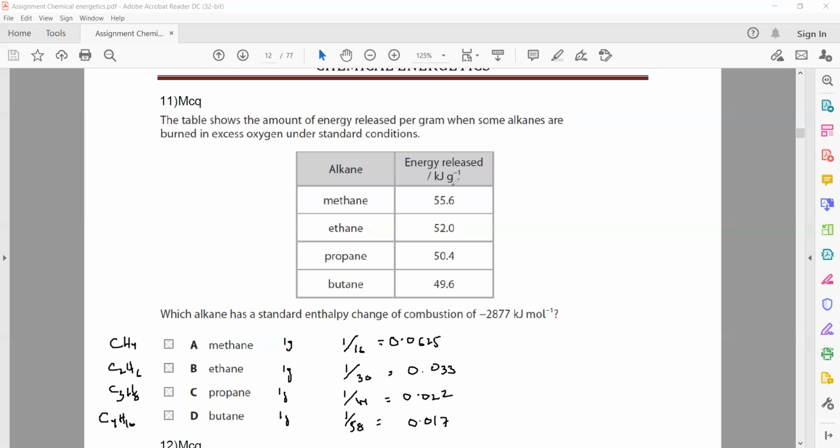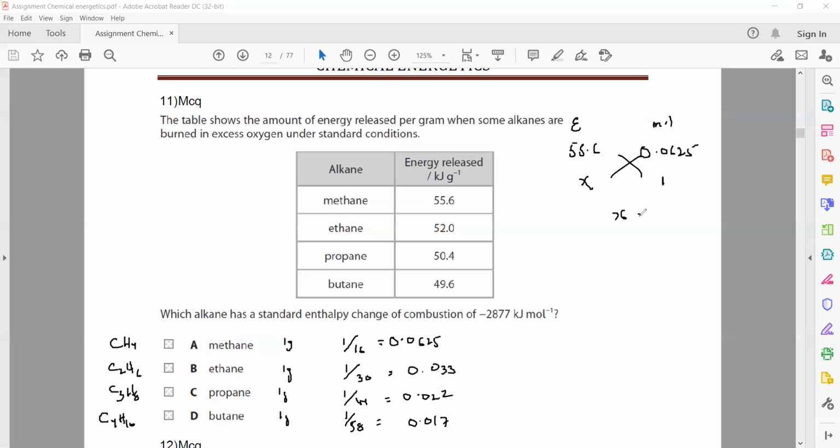And the energy released when 1 gram, or this many moles, is burned. But we need it for 1 mole. So according to the question, for methane, 55.6 kilojoule per gram means 55.6 energy is released when we burn 0.0625 moles. But we need how much energy is released when 1 mole is burned, so it will be X, cross multiply.